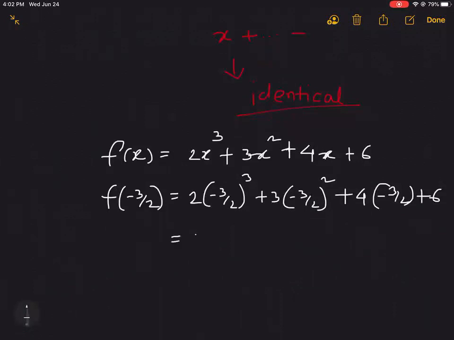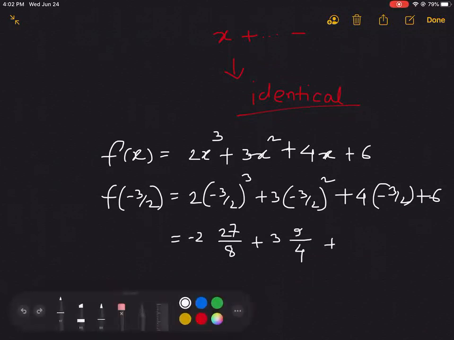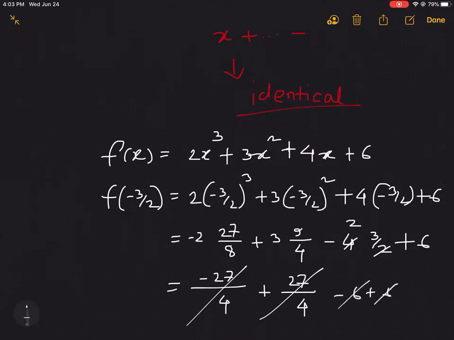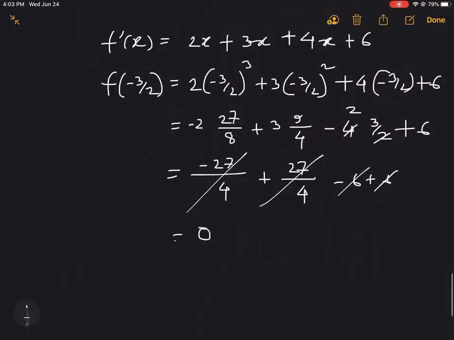So it will be 2 times negative 27 over 8, plus 3 times 9 over 4, minus 4 times 3 halves, plus 6. If we calculate it, it will be negative 27 over 4 plus 27 over 4, so it will be cancelled. It will be negative 6 plus 6. Yeah, good job. So that means it's a real 0.